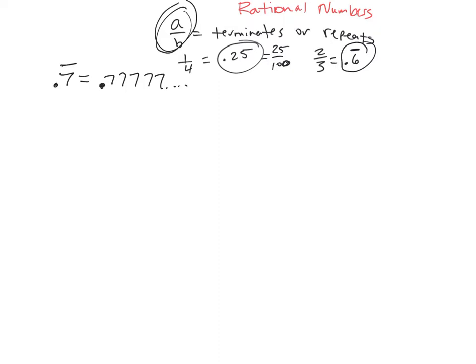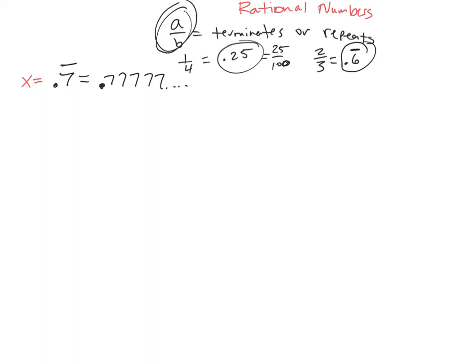So here's what I'm going to do. What you do is you make x equal to the repeating decimal that you have. And then you need to do something to it to get it where you can subtract it away, and follow me here because this is a little bit difficult. The way we do that is by multiplying by the place value, or moving the decimal to where the repeating part is after the decimal.